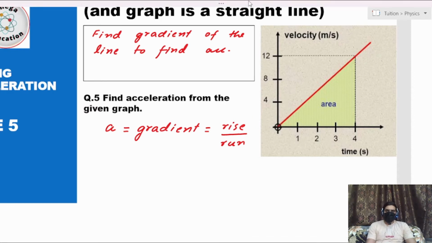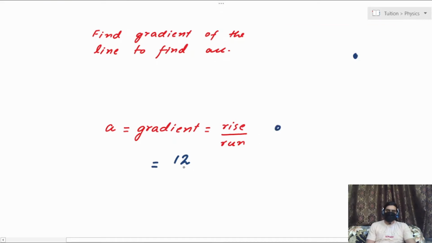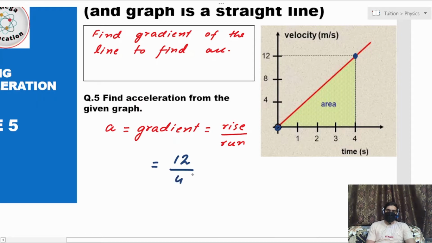So what I'm going to do is choose 2 points on the graph, the first point I can choose this one, the second one is this one. Now what is the vertical distance between these 2 points? It starts from 0 and vertically it ends at 12. So the rise in that case is 12. Now run implies the horizontal distance. The horizontal distance between these 2 points is 4. So that gives you the gradient, and the gradient in that case represents acceleration.